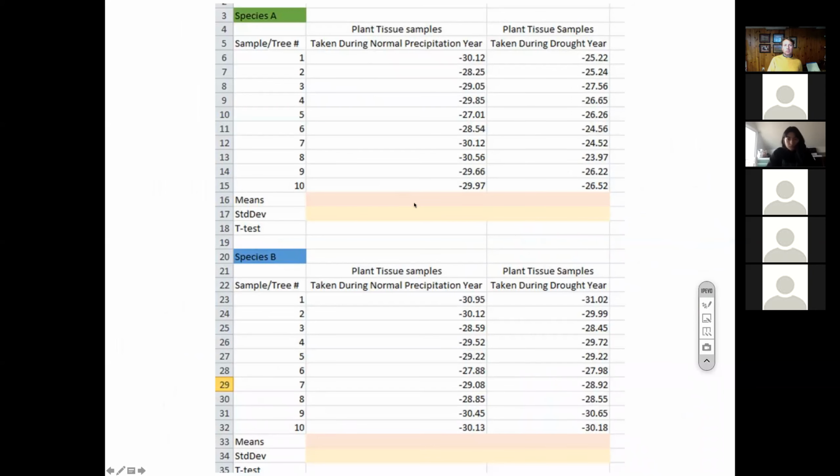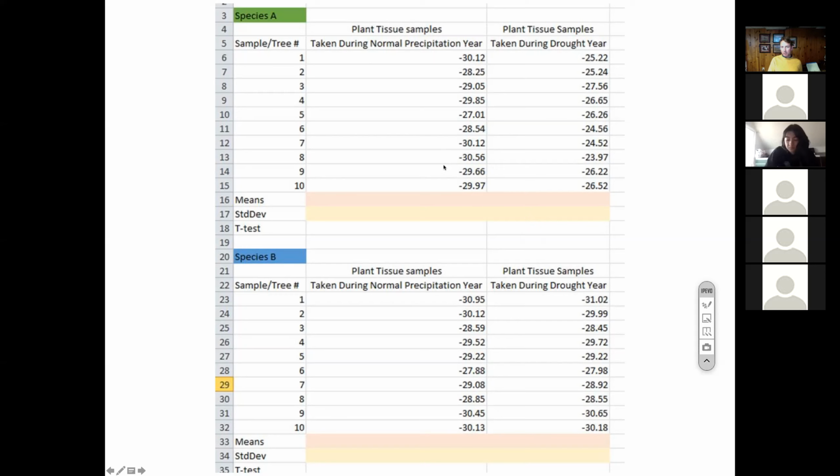Okay, so we're going to look at some data, and this is, in fact, a screenshot of the data you're going to look at today. Here we've got plant tissue samples, and some of them are taken during a normal precipitation year.